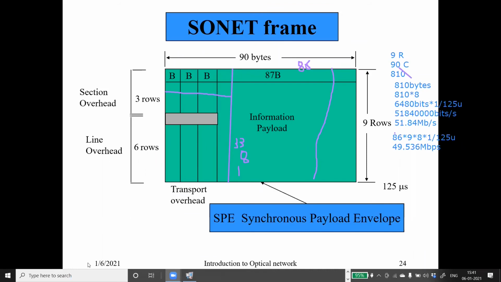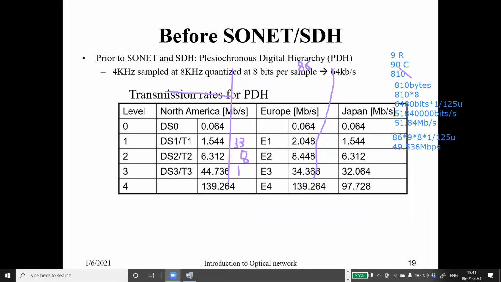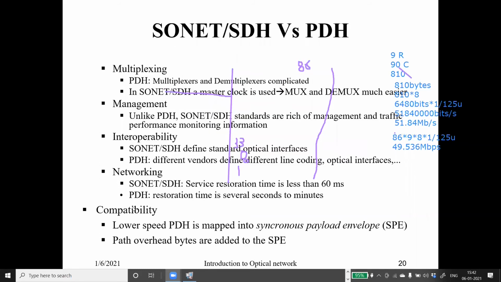We were getting 33, considering the full frame is actually having the information. Now let's see again: it is 41.953. Divide this by 1.54 and tell me what comes. Earlier we divided 51.84 by 1.5. Now it is 32.37. It is 32, not much difference. Okay.